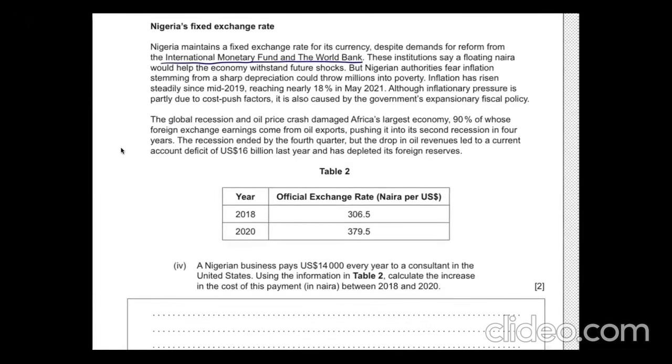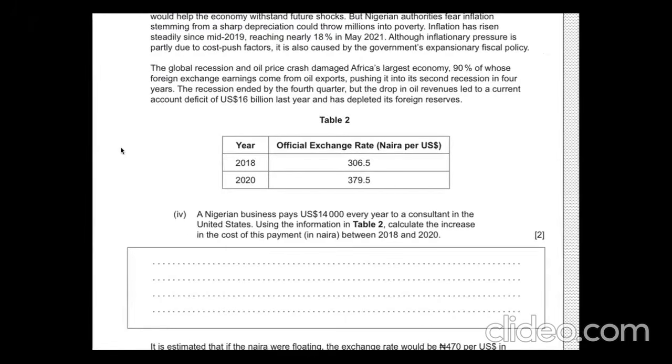But the bad news is occurring, such as global recession, and it is somehow affecting the oil exports quite damagingly. Yeah. Okay. So the official exchange rate is going this way, which means to buy the same amount of US dollars, you have to pay more Naira, which means your Naira is losing its value.